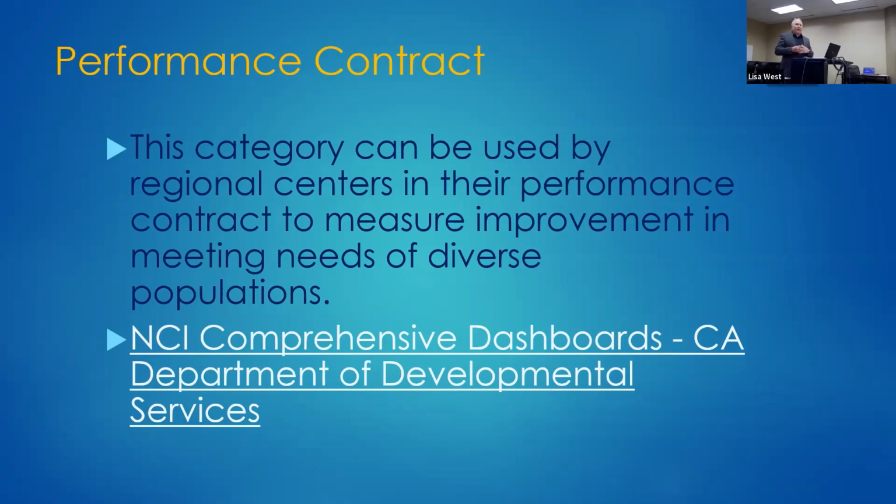We also proactively created our very own service access and equity policy. Thank you for approving that. It is posted on our website. We've even had our deaf and hard of hearing specialist, Rima Cornish, translate that in ASL, and that can be viewed on our website as well.